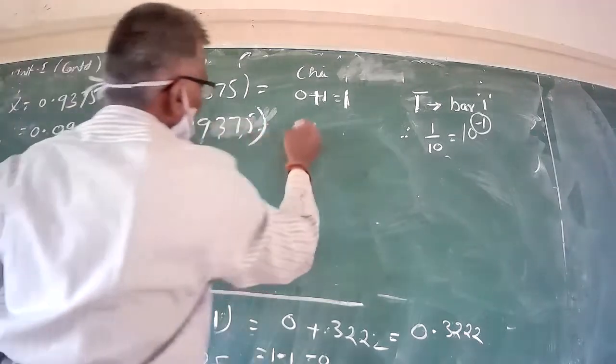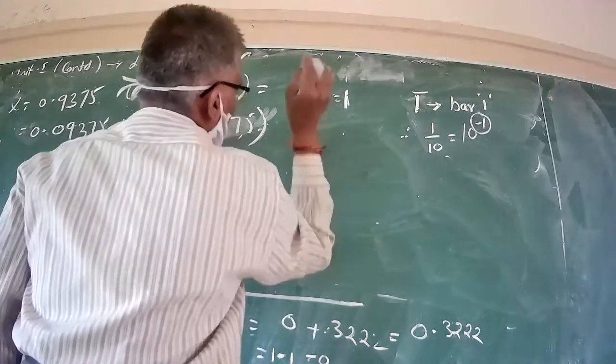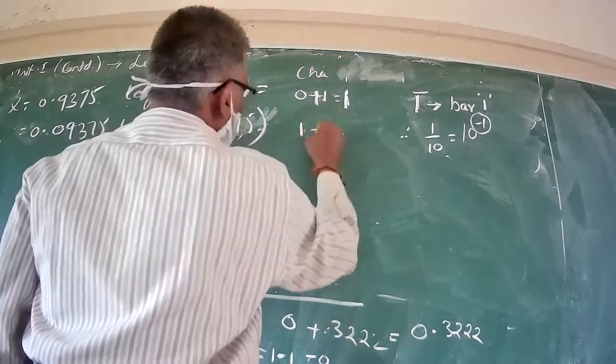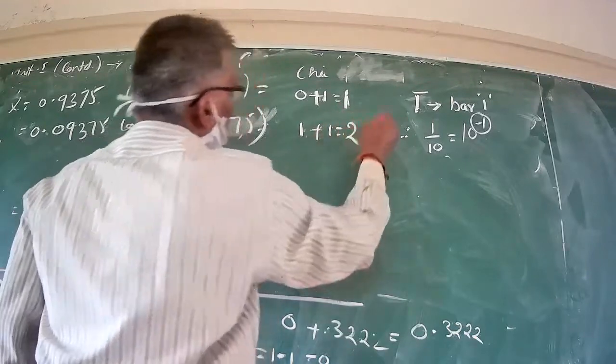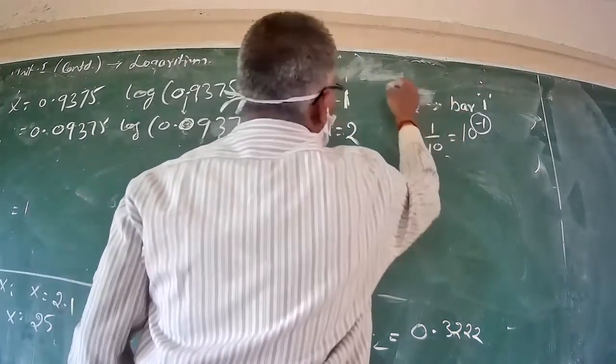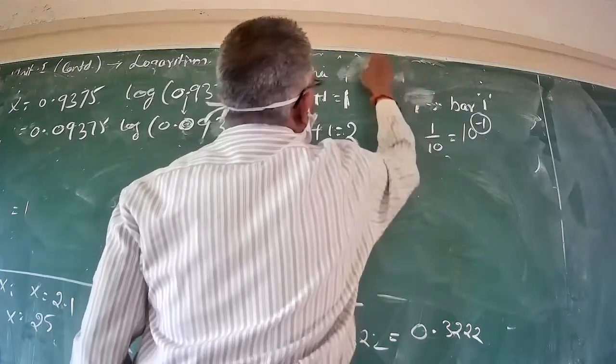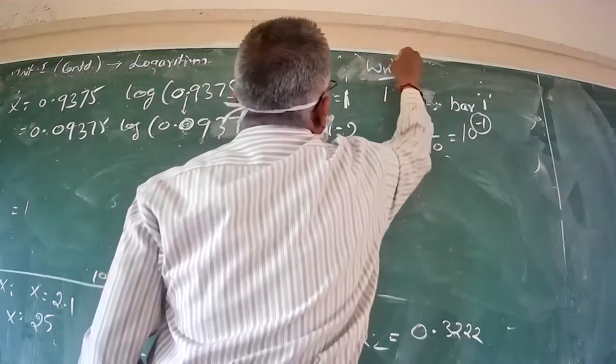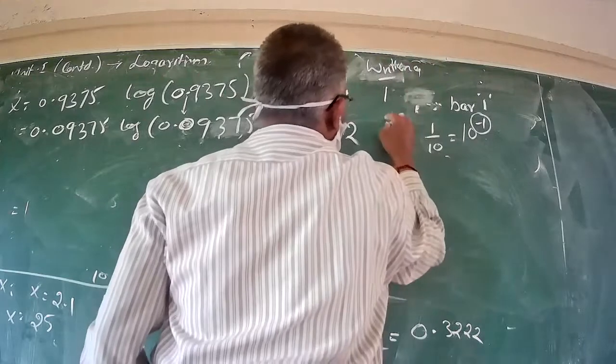So 1 plus 1 equals 2, and it is written as bar 2.